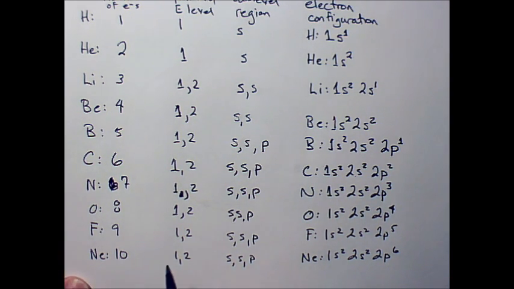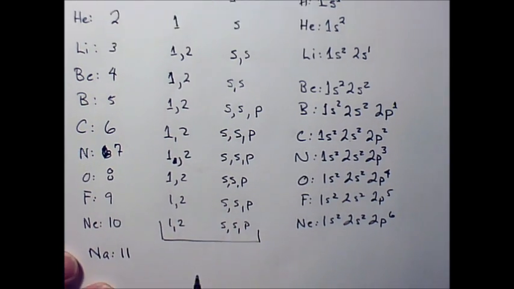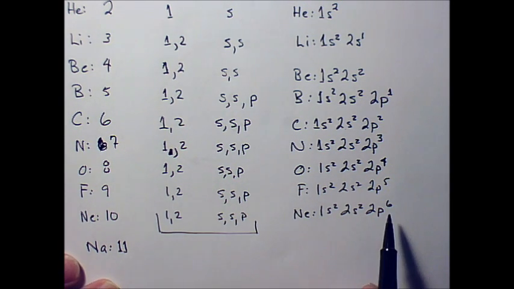All right. Now I'm going to leave out these 2 columns, okay? Let's just show the element symbol and how many electrons we have. We've got 11 electrons in sodium. We filled up this lower level.